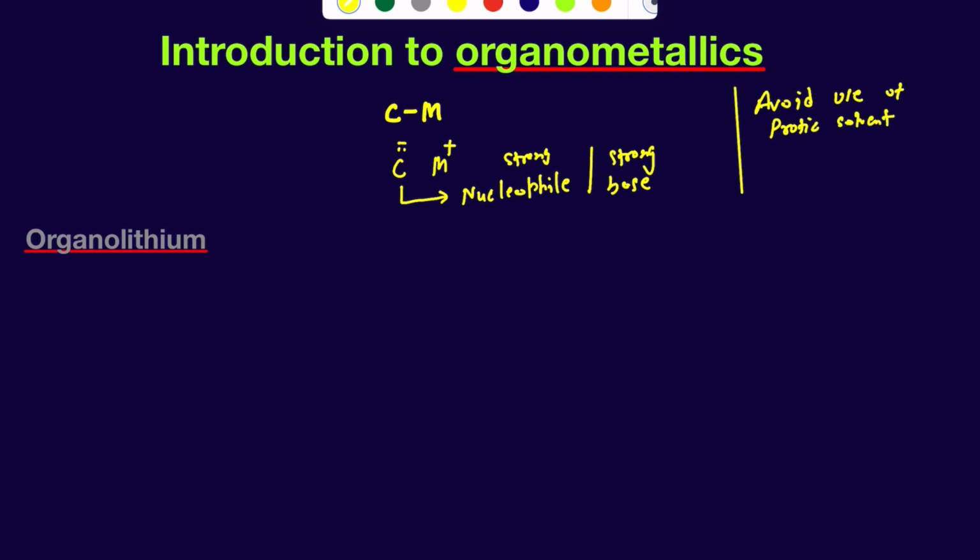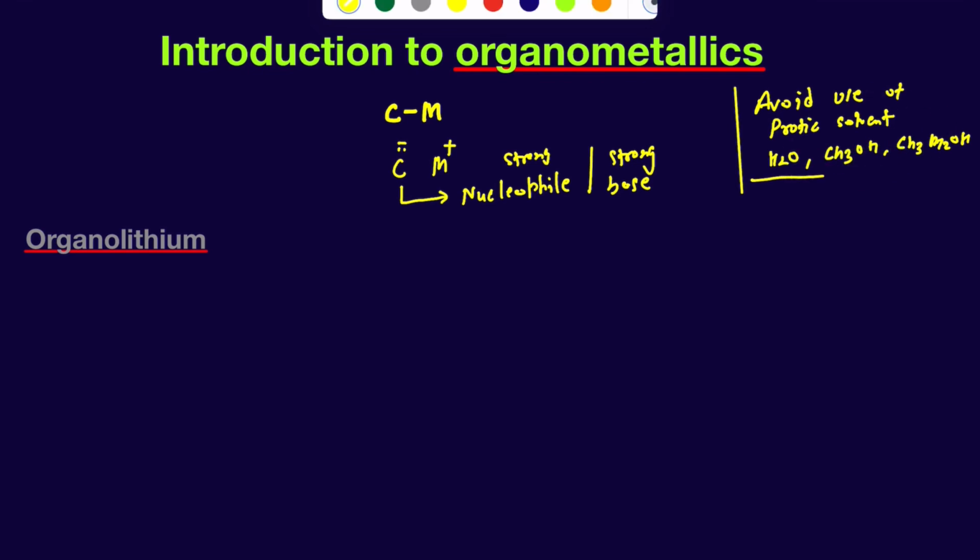So what's a protic solvent? Something like water. I don't want to use that. I don't want to use methanol or any sort of alcohol, in fact, because instead of running this carbon as a nucleophile, it acts as a base, and it can deprotonate those protic solvents. So I don't want to be using any of those protic solvents in those cases.